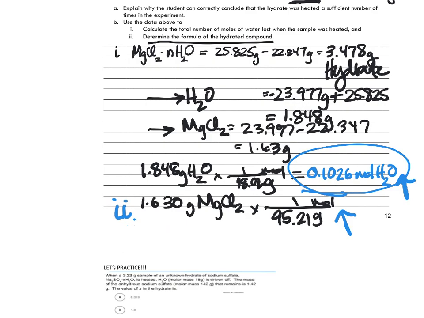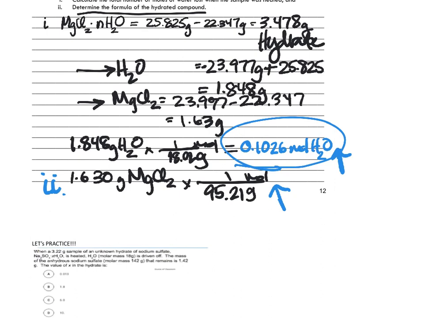How many moles of magnesium chloride did she give us? 0.01722. And you are going to end up with a 6 out in front of your waters. So technically, we have a ratio here. It's 0.1026 to 0.01722. Is that a nice ratio, though?